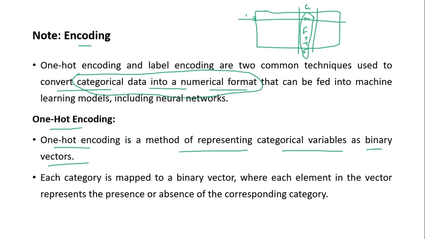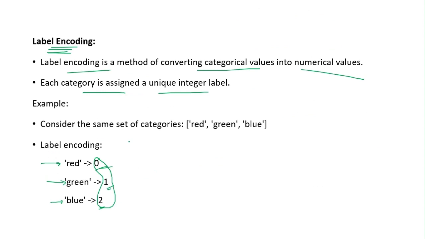In one hot encoding, we will have vectors corresponding to each category, and the order of the categorical variables is not important. In label encoding, we will have a single unique label for each category. If the order is important, if there is any order between the categorical values, then label encoding gives better results.